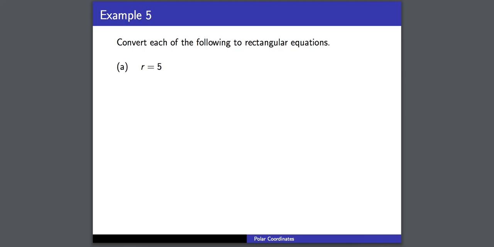So going back, we're going to start with r equals 5. Now, we know that x squared plus y squared is r squared, so if we square both sides, we'll get r squared equals 25. And then from there, r squared is x squared plus y squared. So a circle whose center is at the origin and has a radius of 5, the rectangular equation for it is x squared plus y squared equals 25.